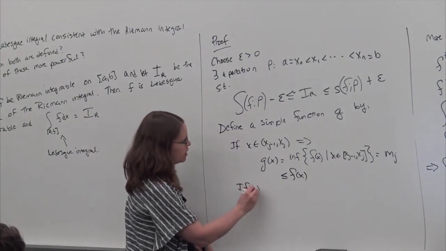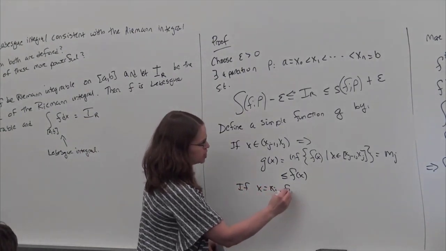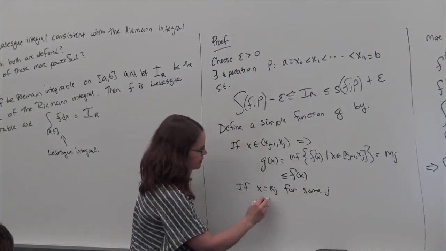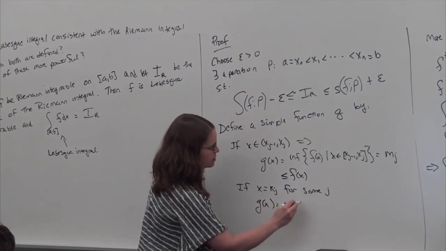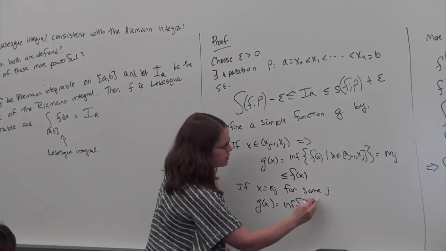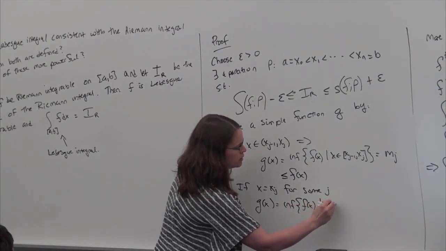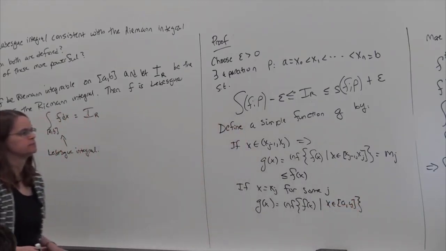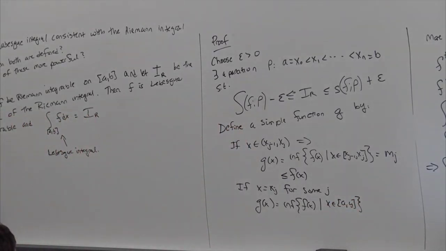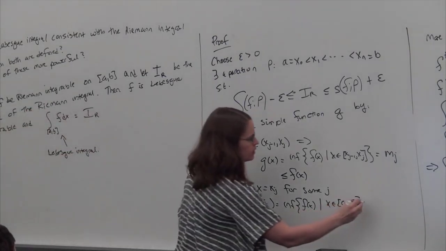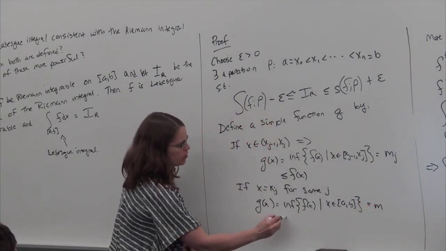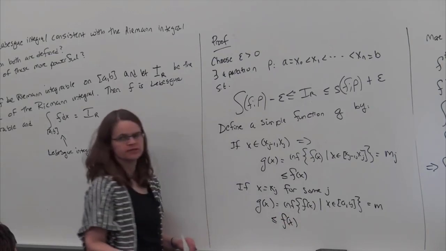So if x equals x_j for some j, let's keep it simple, and let's just use the smallest value of the function. Okay, and we'll call this just little m. This is, of course, also less than or equal to f of x.